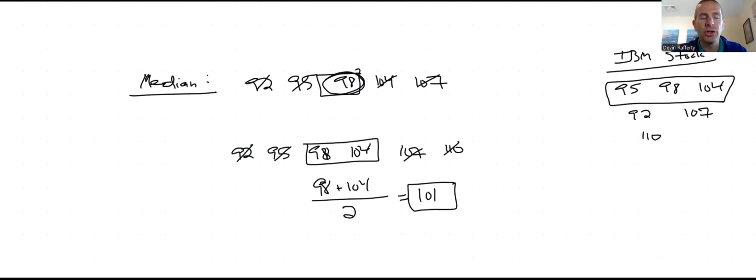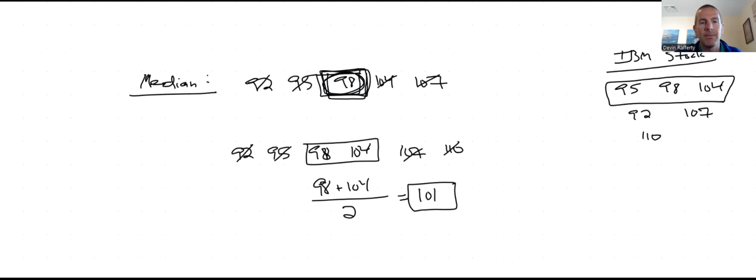My goal here was to show you when you have an odd number of observations, right? Here we have 1, 2, 3, 4, 5. That's 5 observations, so that 5 is an odd number. When you have an odd number of observations, the median will always be in your data set.